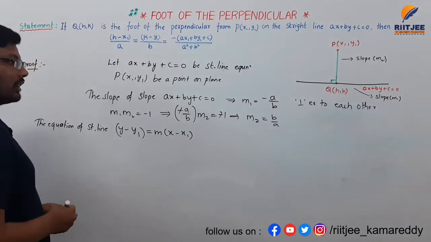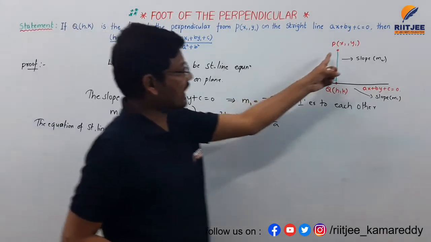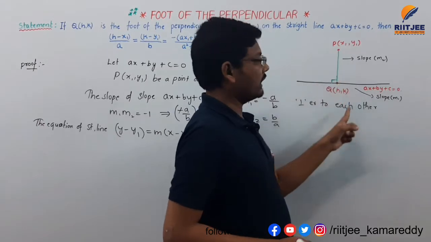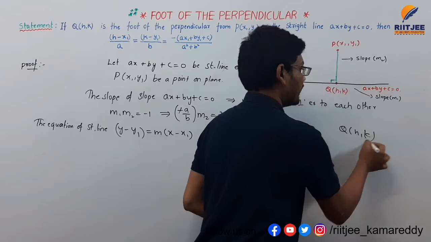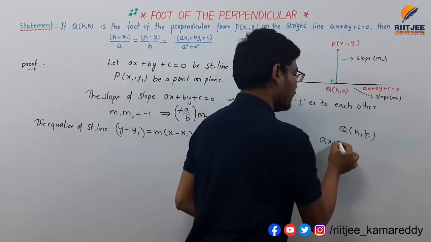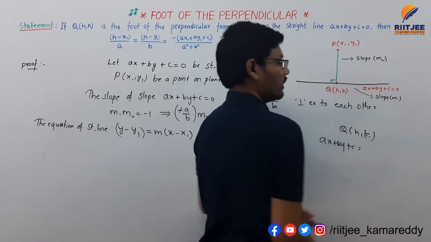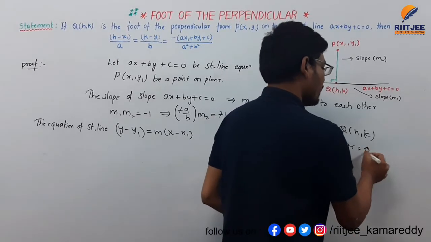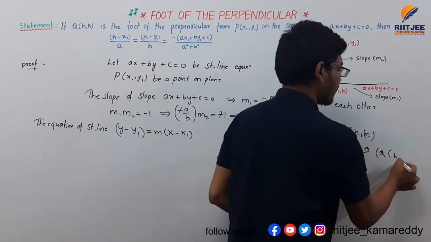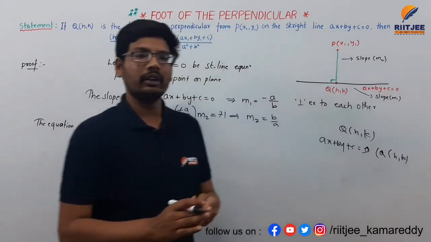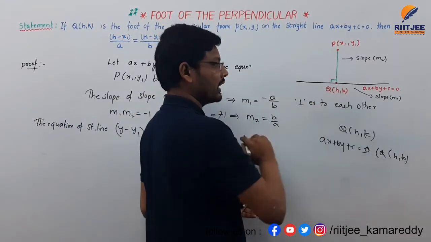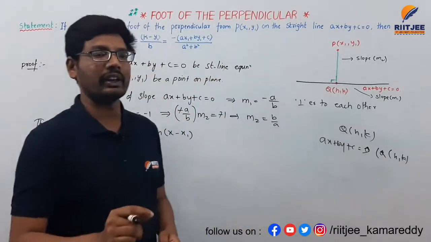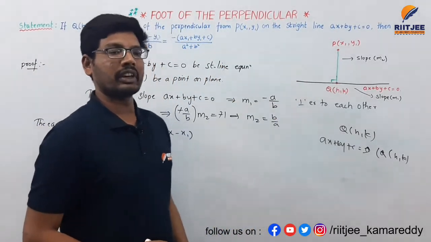If you observe, this PQ line is passing through the point Q of h comma k, and this ax plus by plus c line is also passing through Q of h comma k. When a point is passing through a line, that point should satisfy the equation of the straight line.